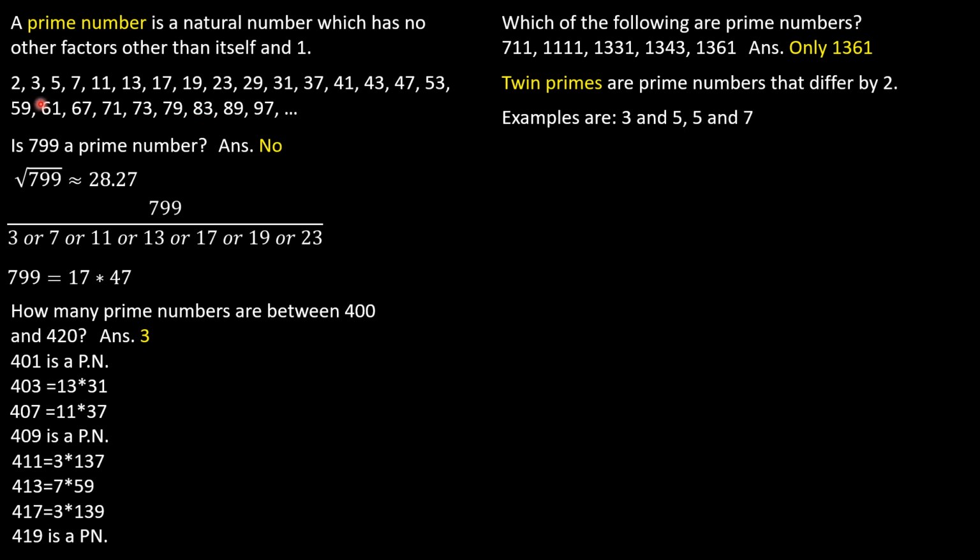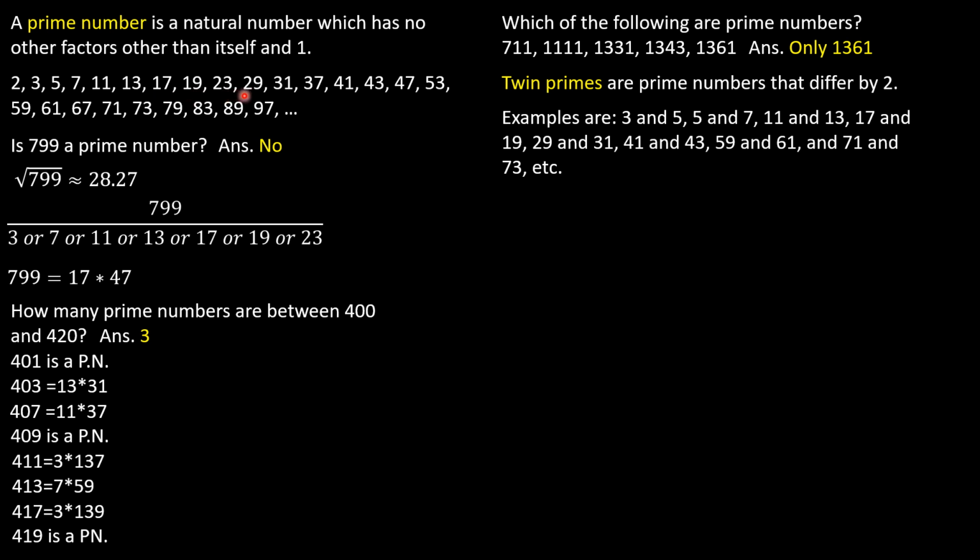So 3 and 5, 5 and 7, 11 and 13, 17 and 19, then 29, 31, 41, 43, 59, 61, and 71 and 73.